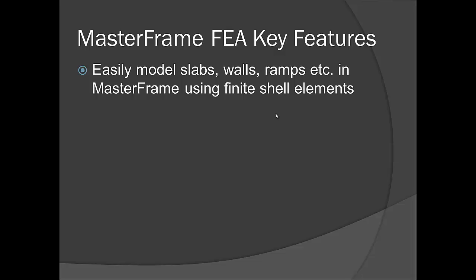For those of you who maybe aren't familiar with what a shell element is, we use a quadrilateral finite shell element, which is a very good general purpose element for modeling planar surfaces such as slabs and walls and ramps, etc. So you can actually put together 3D assemblages of these surfaces in MasterFrame to model many different types of shapes, as we'll see as we continue.